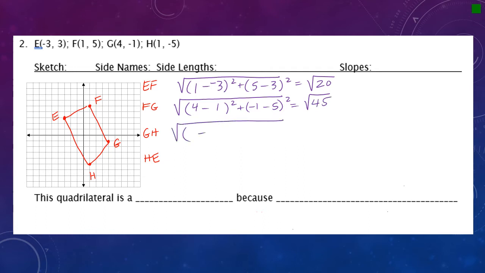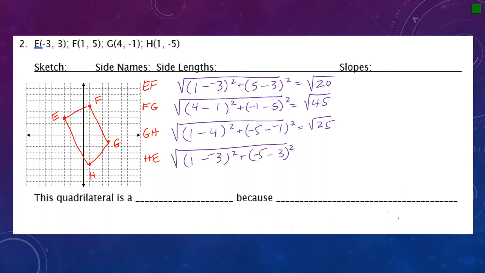Okay, side GH, I would have 1 minus 4 and negative 5 minus negative 1. This turns out to be 25 under the radical. And then the last side, HE, I would have 1 minus negative 3 and negative 5 minus 3. And this comes out to be the square root of 80.